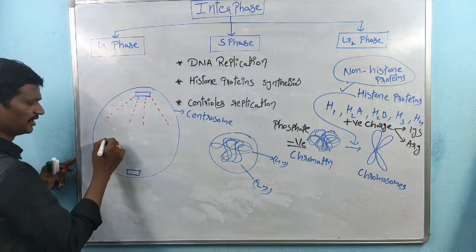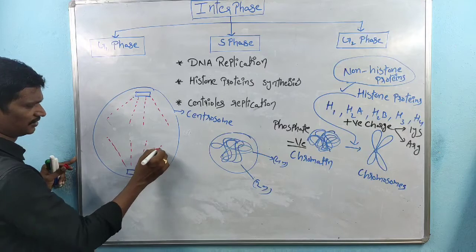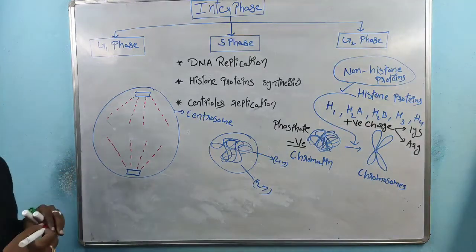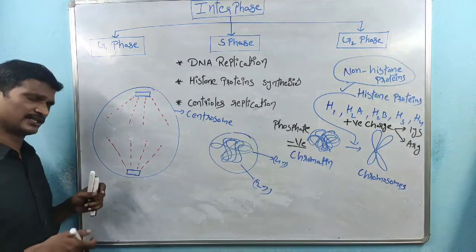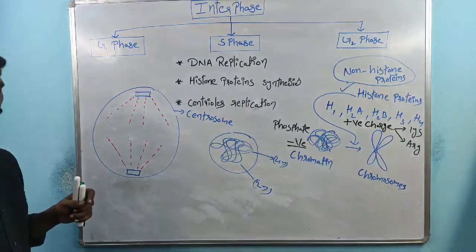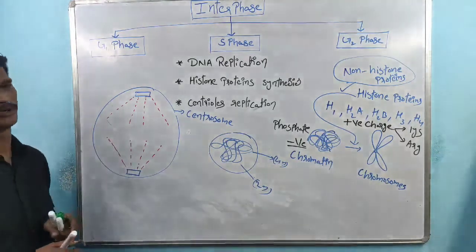Once the spindle apparatus is formed, it is connected to the chromosomes, and the chromosomes are pulled towards the opposite pole sides by the spindle apparatus.